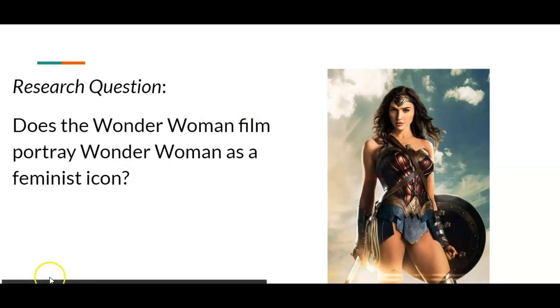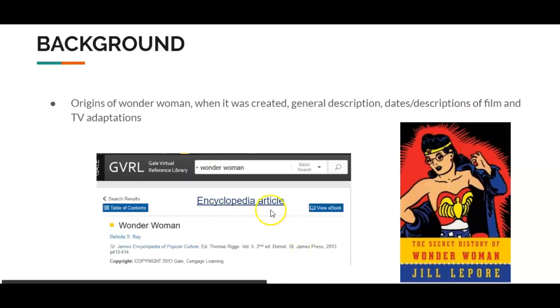I have an example here of a research question that I am using, and it's looking at the Wonder Woman film and whether or not it portrays Wonder Woman as a feminist icon. For my background information for that topic, I might look at the origins of Wonder Woman, give some history, when it was created. I have some examples here of an encyclopedia article, as well as a book talking about the history of Wonder Woman.